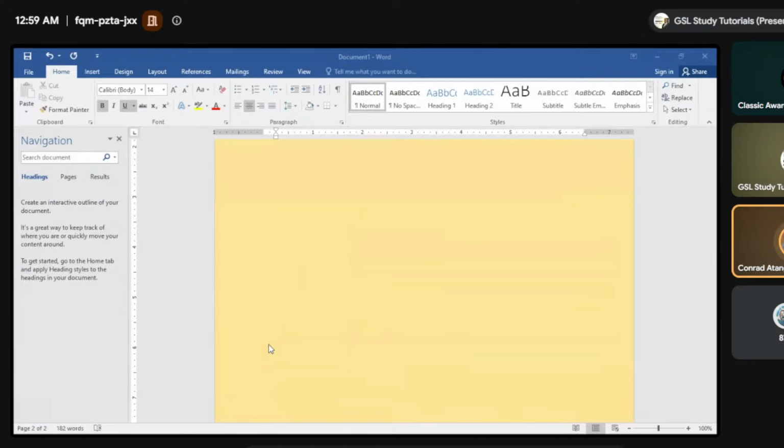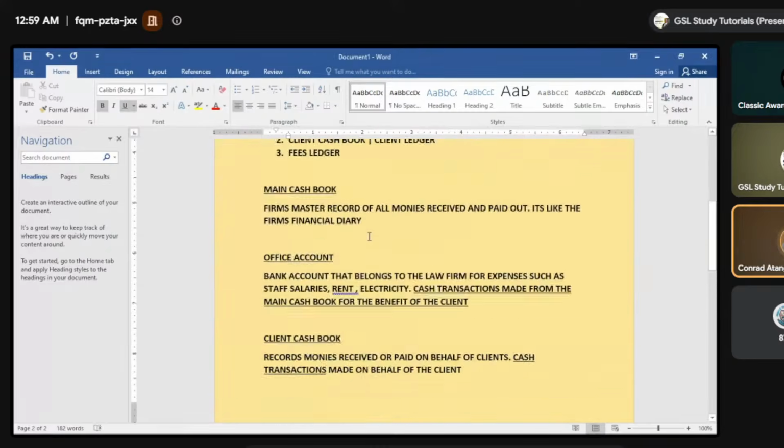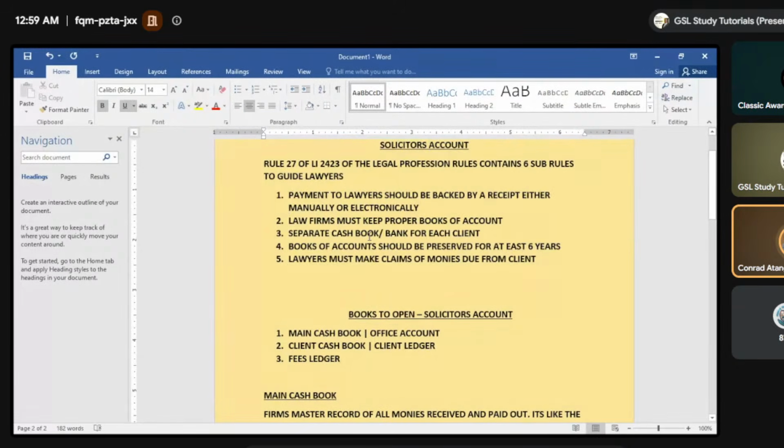And then the office account, you said, is like a bank account that records all monies received and paid out on behalf of the company. You said all the expenses, so things like payment of salaries, payments for utilities, etc.